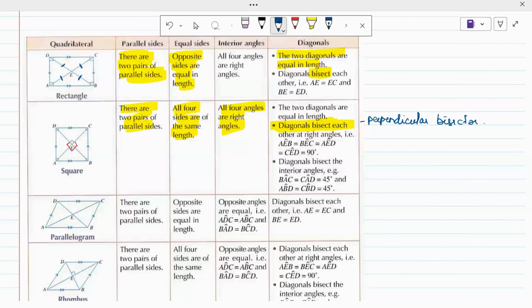DC and AB are equal. AD and BC are equal. Opposite angles are equal. Now this is interesting. Sometimes students miss out this property. Opposite angles are equal in a parallelogram, which means this angle A is the same as angle C, and this angle B would be the same as angle D.